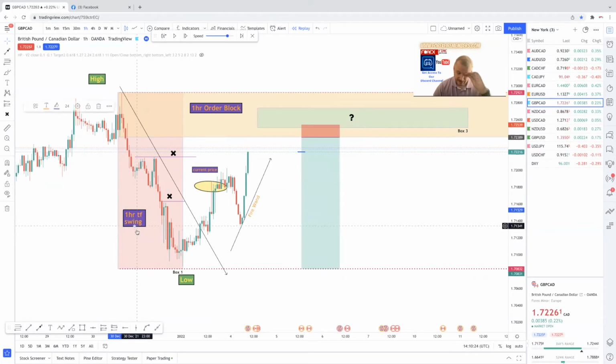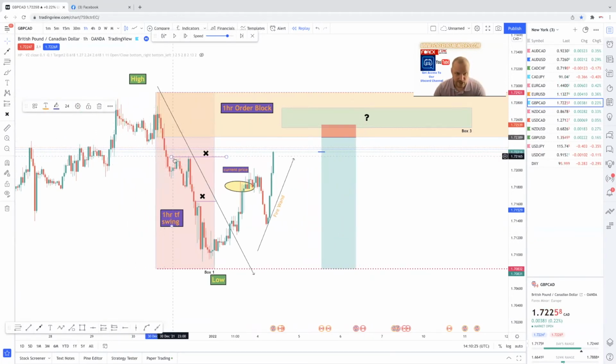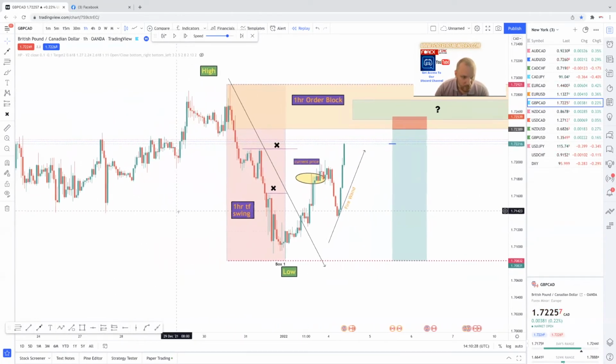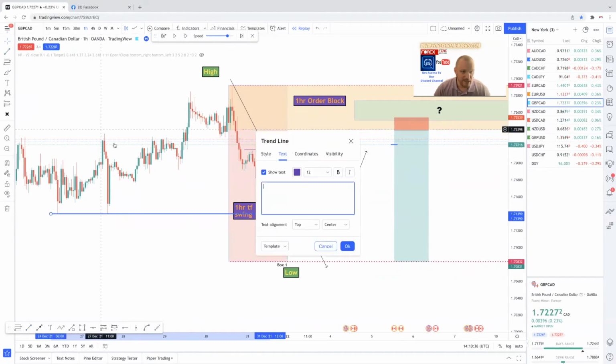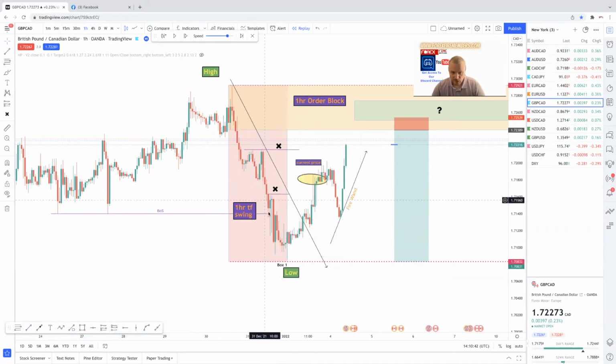Each candle that this is coming down in is an hour. We broke the structure, and this is what I was waiting for. We broke that structure point, so that became our BOS, the break of structure point. We got that, so then we mark it up and come back up into the order block as well.